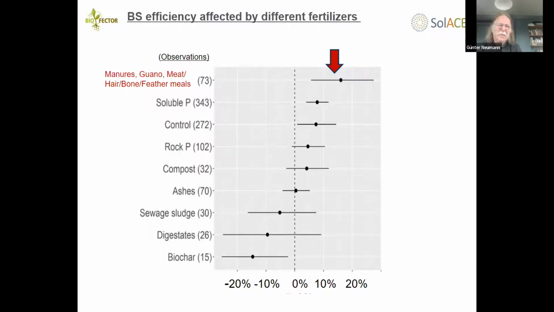Another interesting result was that the microbials obviously have preferences to interact with specific fertilizers. And we saw in the biofactor program particularly high responsiveness in combination with fertilizers based on manures, guano, or meat, hair, or feather meals.